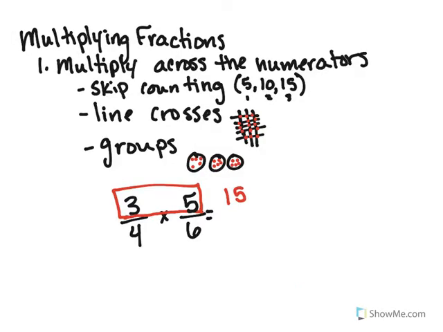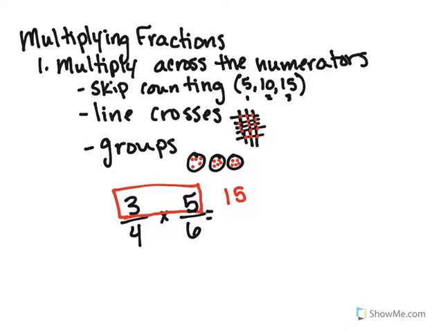I'm going to first start by multiplying across the numerators. If I don't know my multiplication facts off the top of my head, I can try skip counting. So here I will have 3 times 5, so I can go 5, 10, 15. 3 times 5 equals 15.